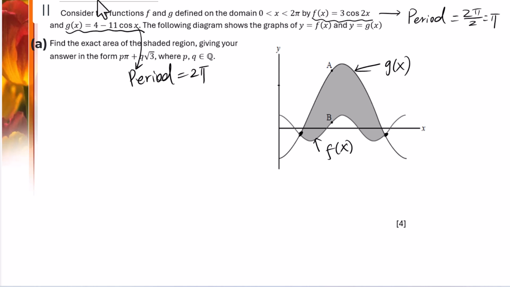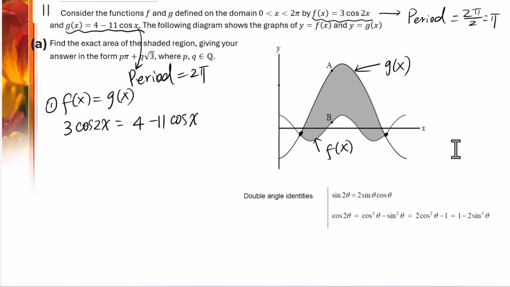We will set up f of x equals g of x to figure out the intersection. 3 cosine 2x equals 4 minus 11 cosine x.